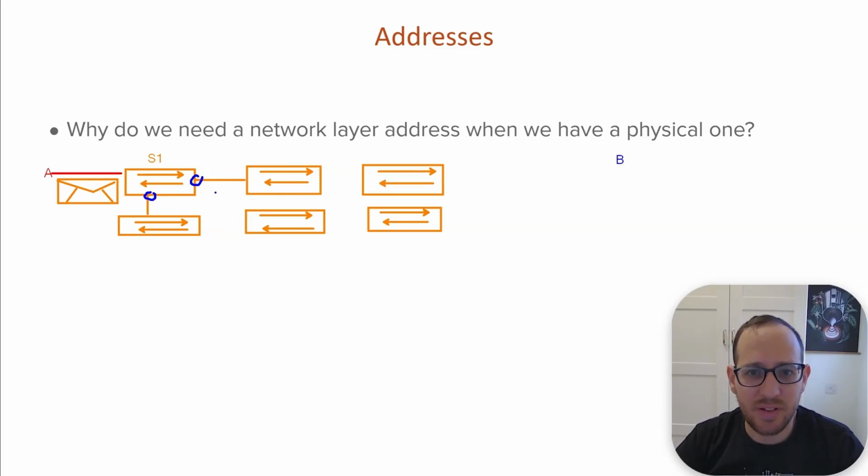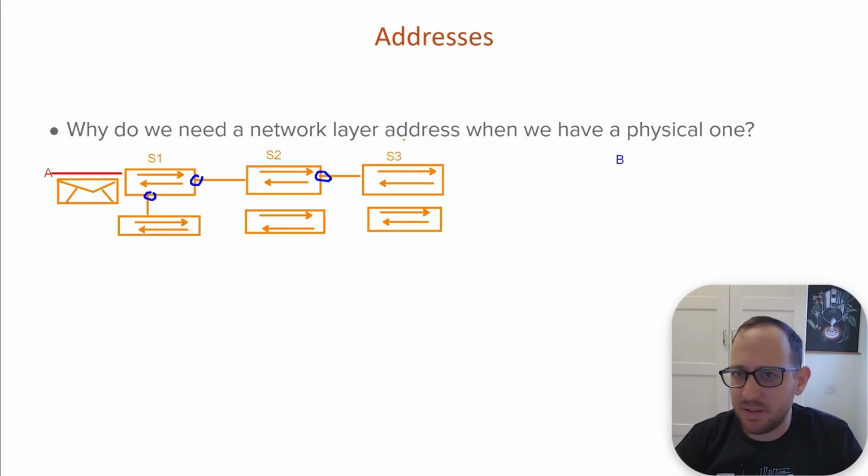The alternative is that S1 would know B's address, and then S2, that's here, would also have to know B's address and know that it's behind this port here. And then S3 would have to know B's address, and so on.